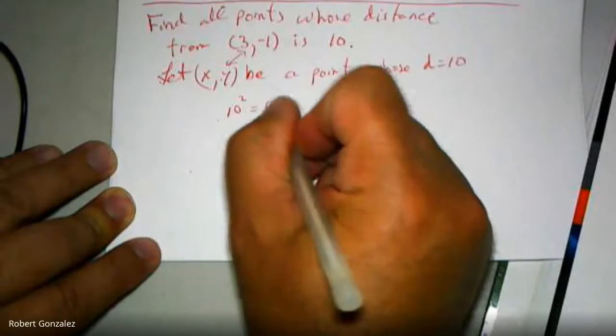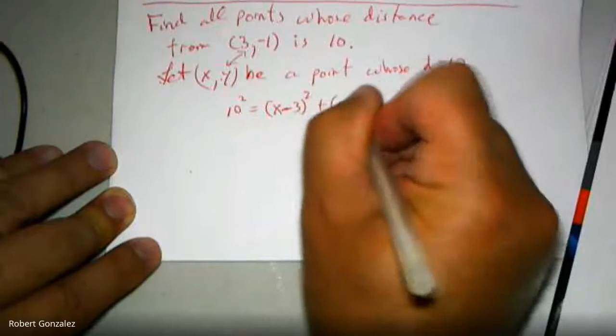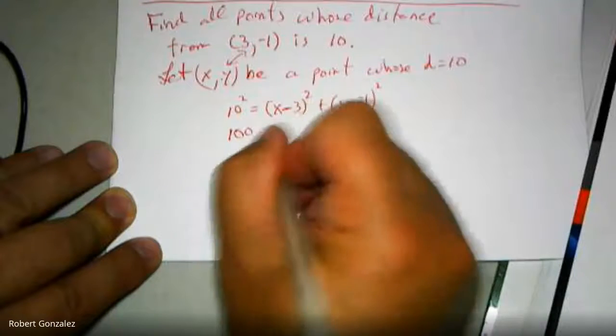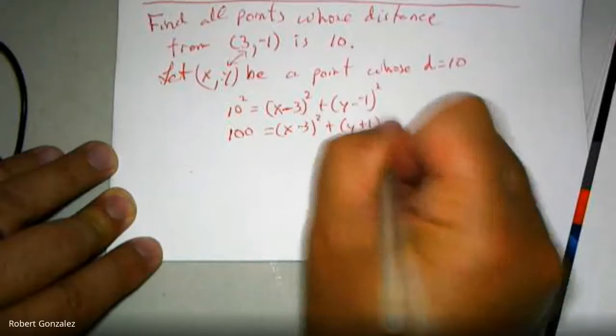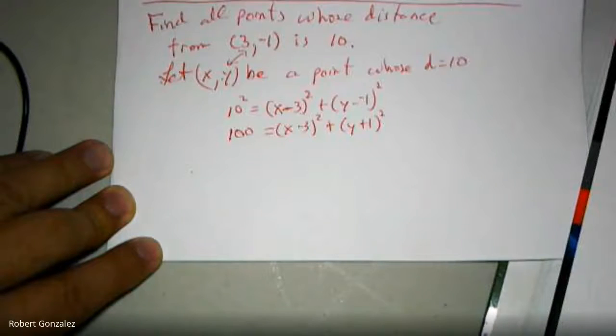So I need delta x squared and delta y squared. 100 equals (x minus 3) squared plus (y plus 1) squared. Does anyone recognize what type of equation that is? Okay. Later on, when you get a chance, and for those who are watching right now on video, I want you to pause the video and go to Desmos and do it.